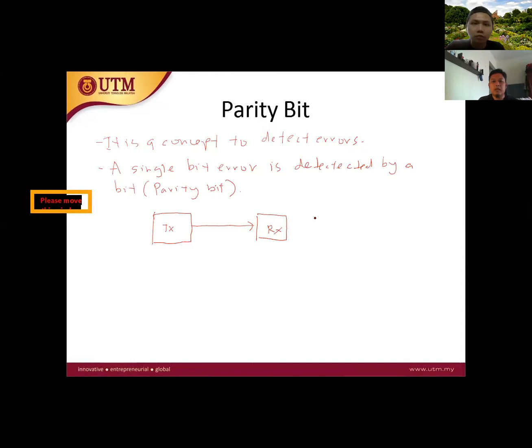Let's say we send a 4-bit stream. Then we can set the parity bit rules. There are 2 types of parity bit rules.